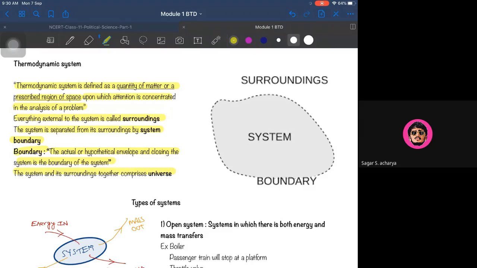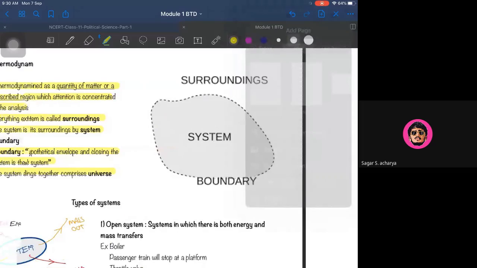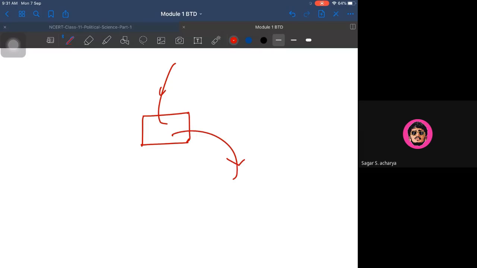So now we shall try to analyze the different types of systems. I hope you got the concept of system, system boundary, and surroundings. It's just a simple concept to understand thermodynamics. Now there is a system here. What are the different things that can get into the system, and what are the different things that can get out of the system?